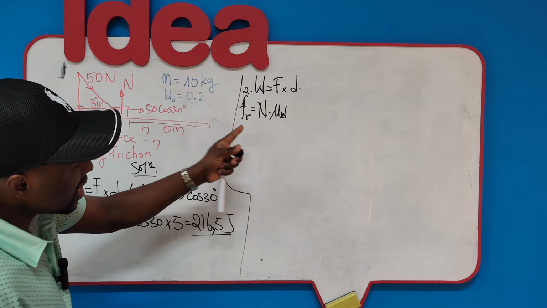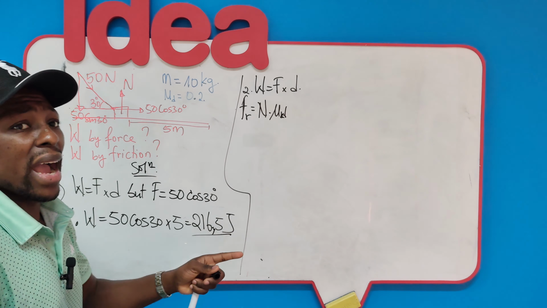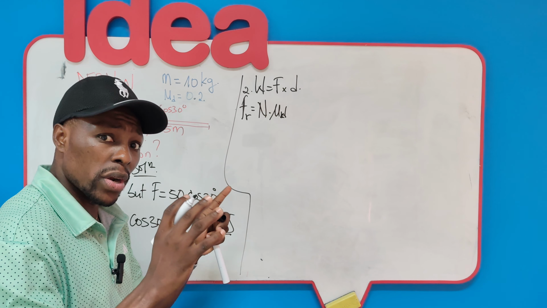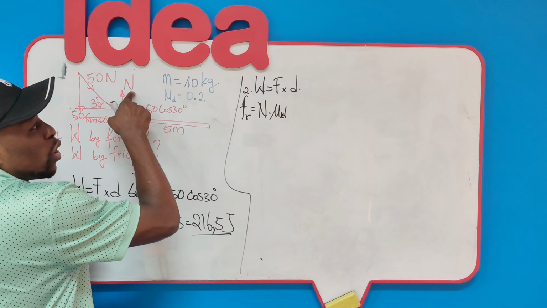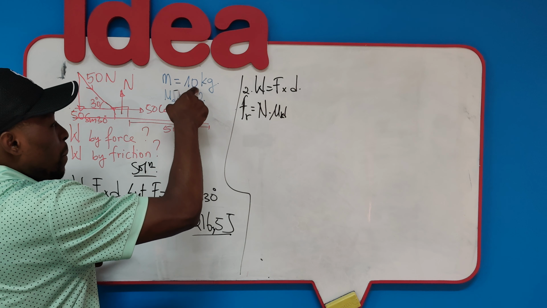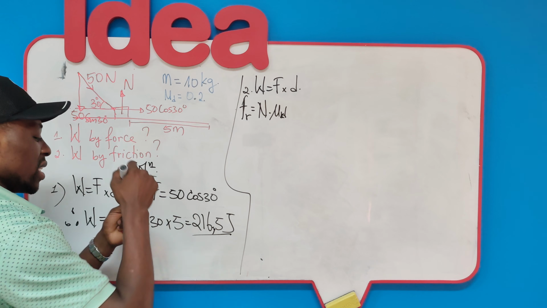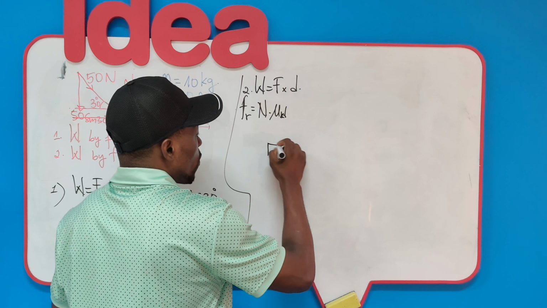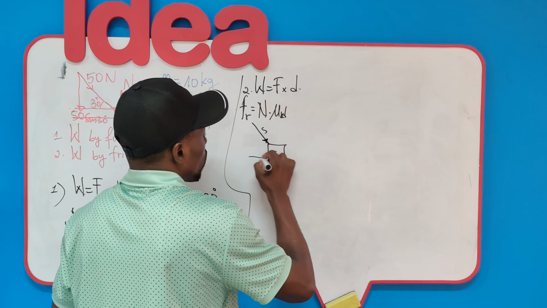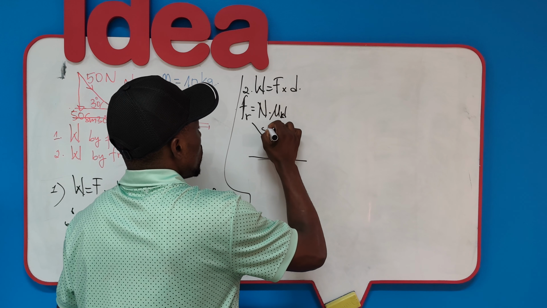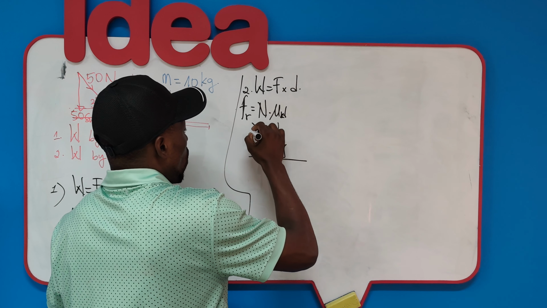The next challenge is to find this N, and I want to pause here and make something very clear, dear friends. Don't consider this N to be the weight of the box, because there are other forces in action here. Let me draw a free body diagram of what's happening. This is our 50 Newton.